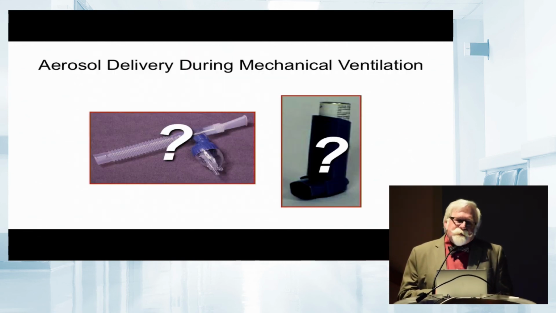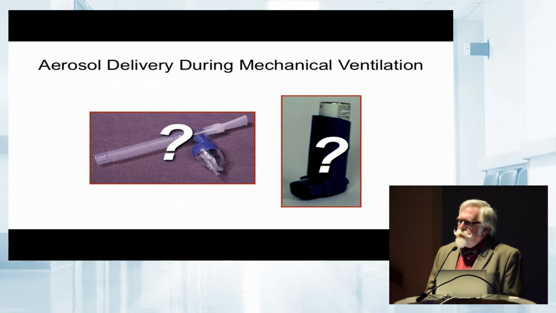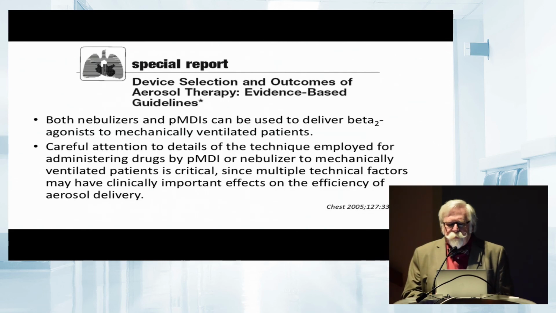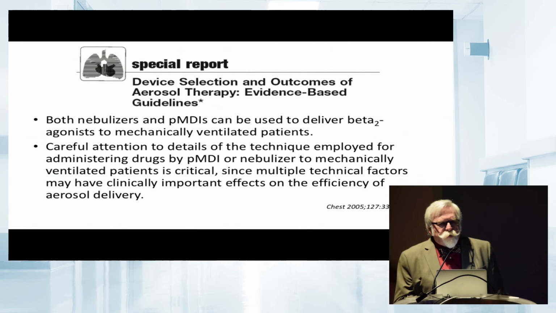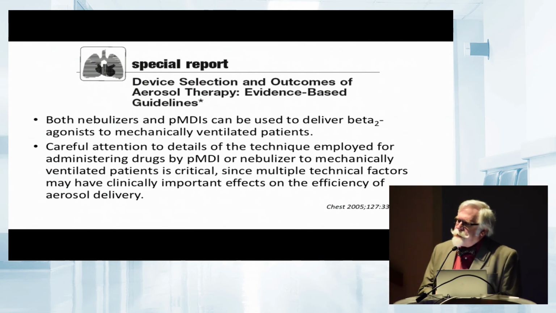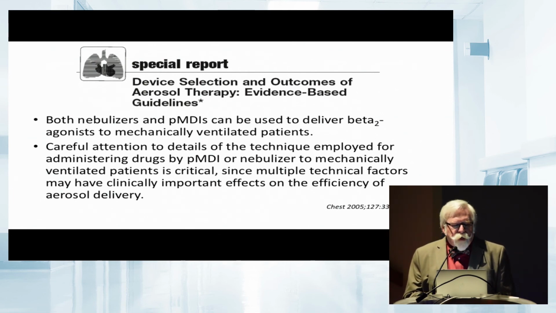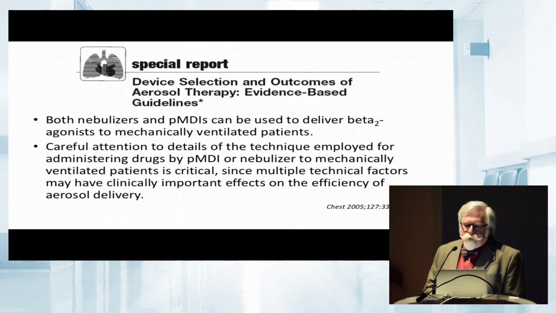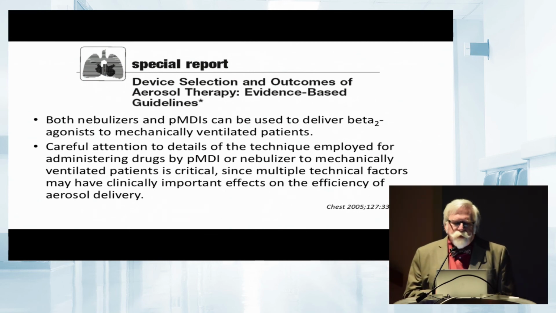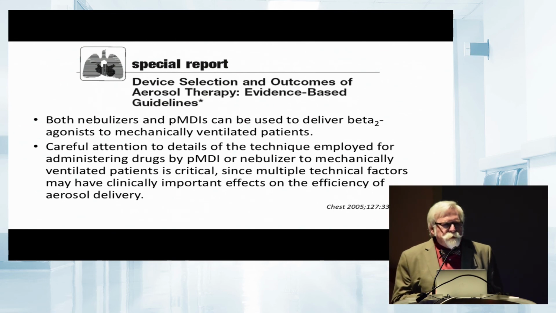Now, a question that is asked clinically at the bedside, well, which is better? Which should we use? Is it better to use a nebulizer, or is it better to use a metered dose inhaler? Is one superior to the other? This was addressed in some clinical practice guidelines published now more than 10 years ago that concluded that both nebulizers and metered dose inhalers can be used effectively to deliver beta-2 agonist bronchodilators to mechanically ventilated patients.